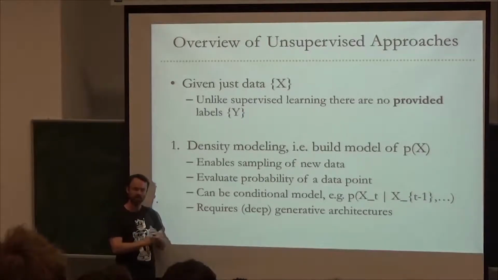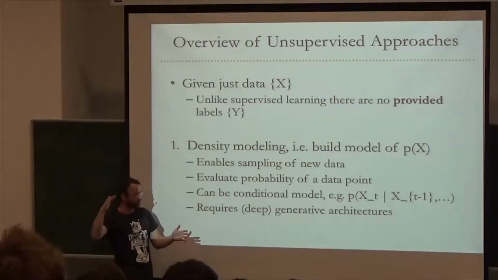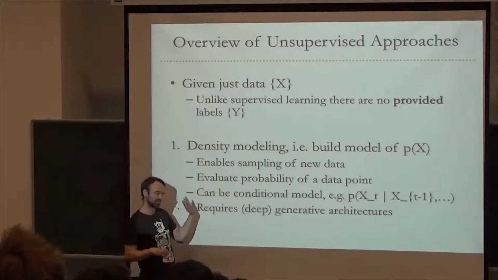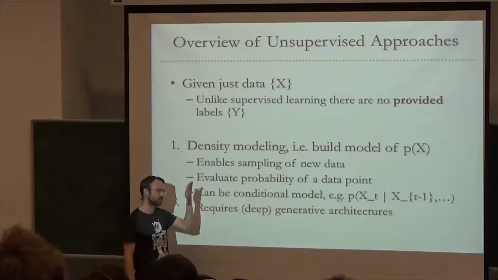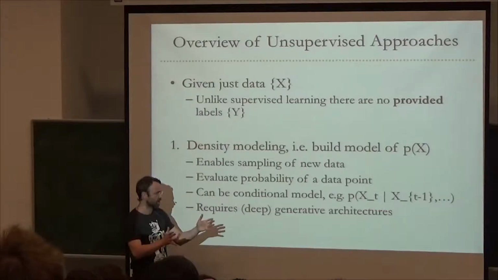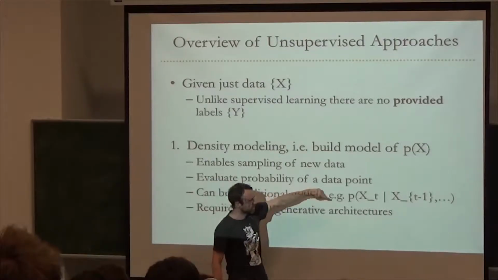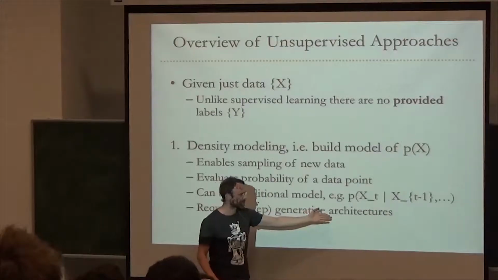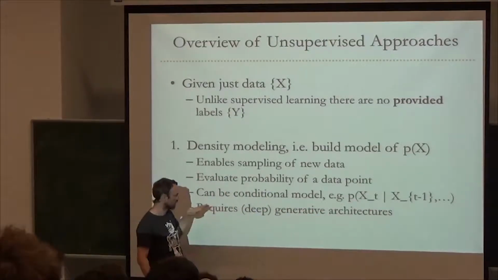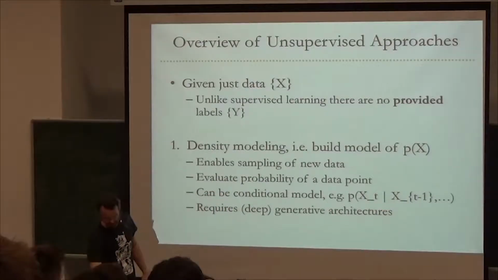Previously, we were talking about models that were really trying to do high-level tasks, like classifying images or segmenting them, or in other domains like speech, recognizing the utterance from the waveform. But if you want to build a distribution over the input space, then you need some sort of architecture that's going to go the other way. So those require slightly different architectures that we'll look at in due course.